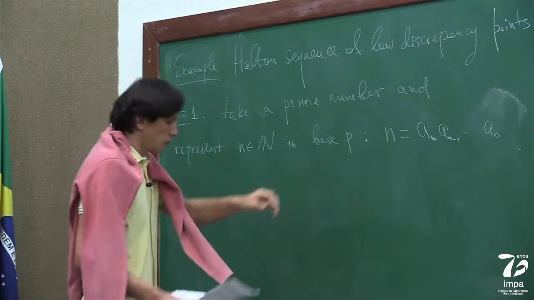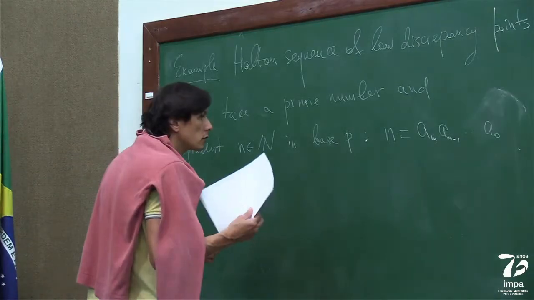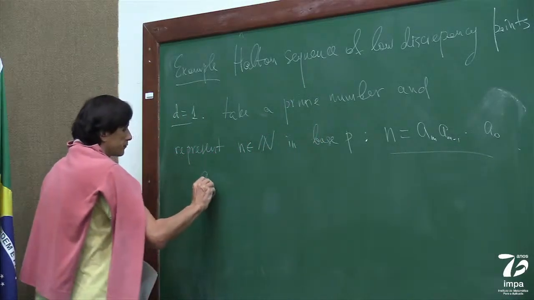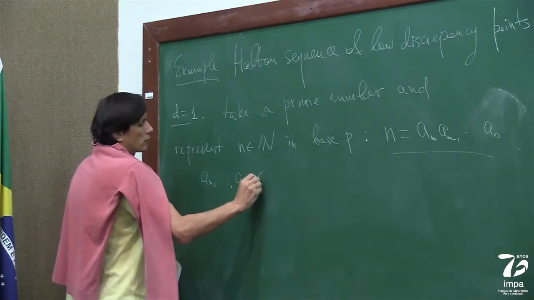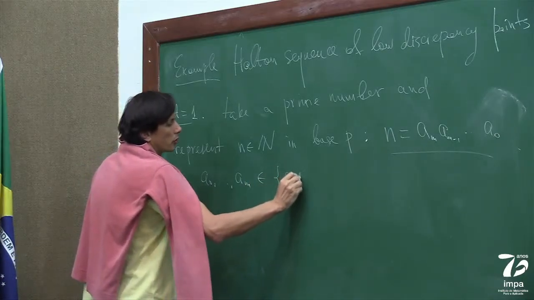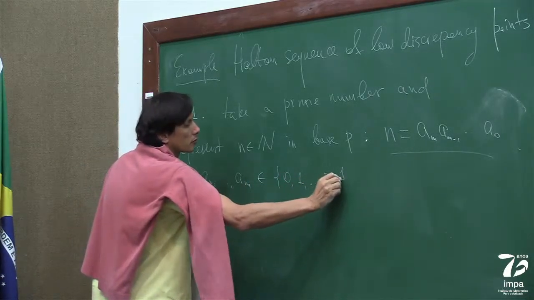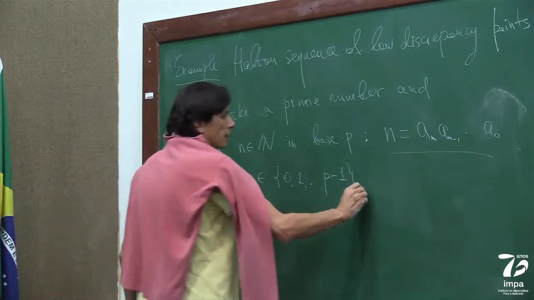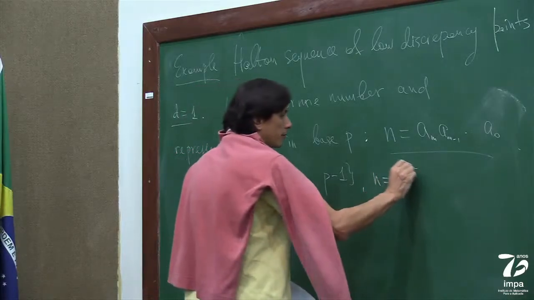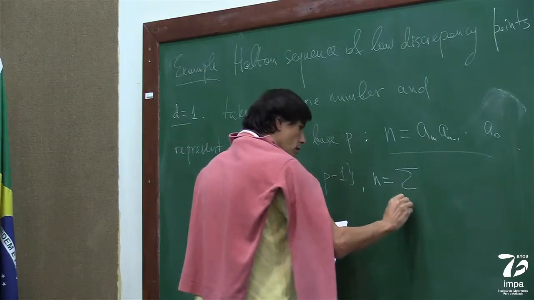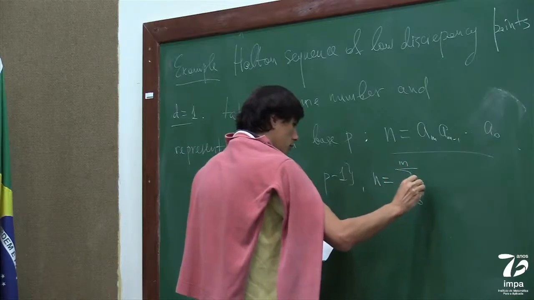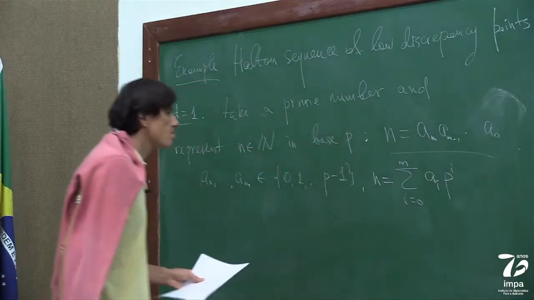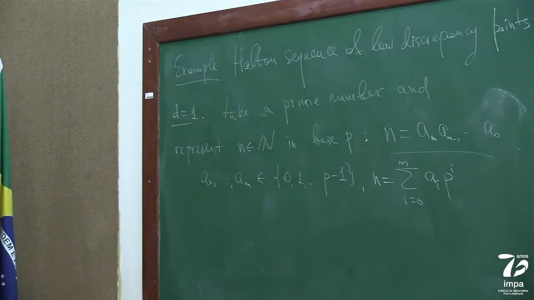But we take p prime. So all the a_i belong to the set from 0 to p minus 1, and n is just the sum from 0 to m of a_i p^i.